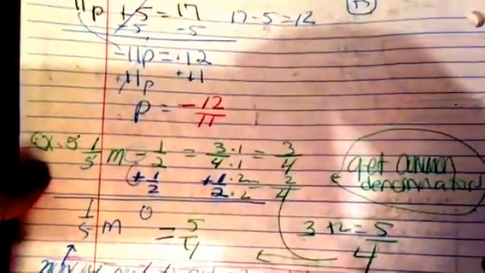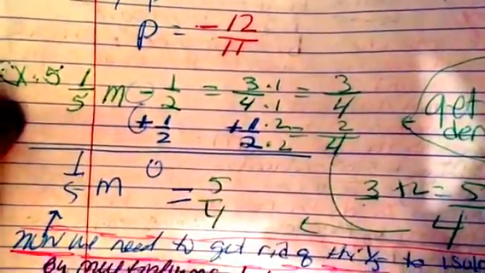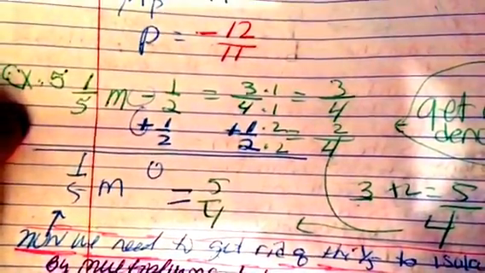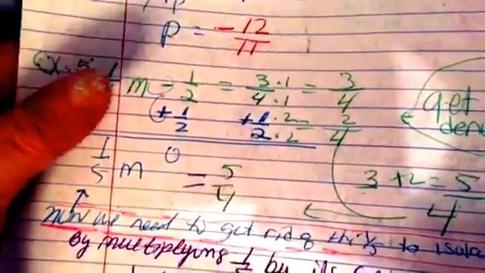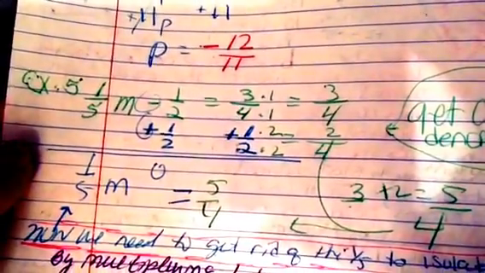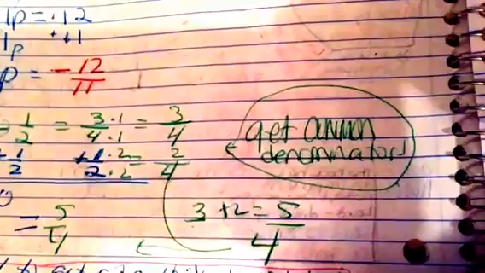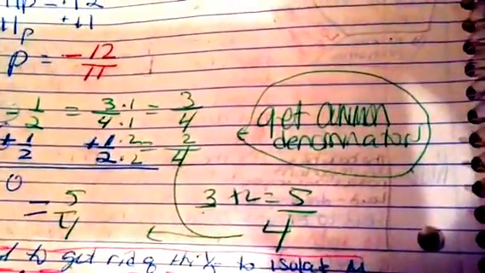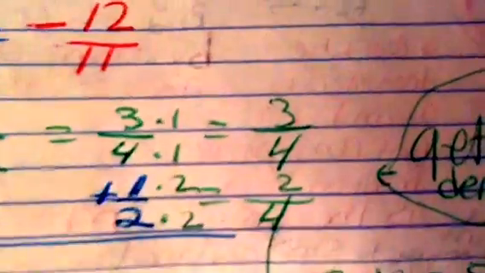Now example 5. 1/5 m minus a half equals 3/4. Well, first of all, we have to find the common denominator, which would end up being 5/4, because 3 plus 2 is 5 when you do your fraction part right here.